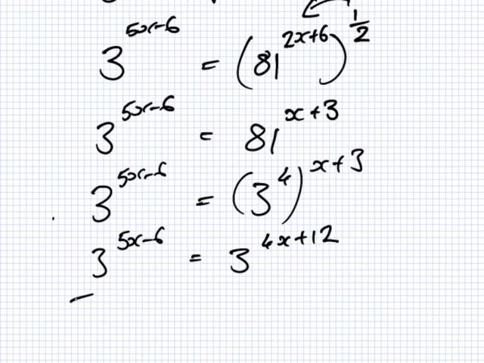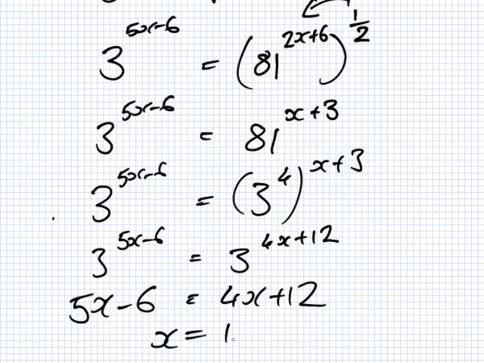So you get 5x minus 6 equals 4x plus 12. So you get x equals 18. Okay, write this down. This is our second example. So far, our two examples have only one answer. The next type we'll look at now, things will start to change.